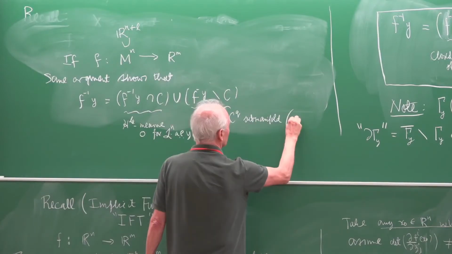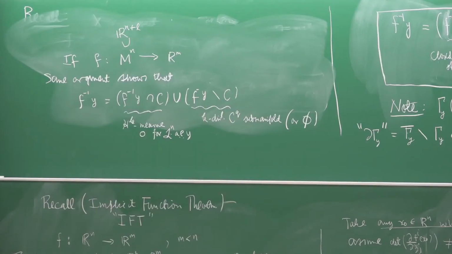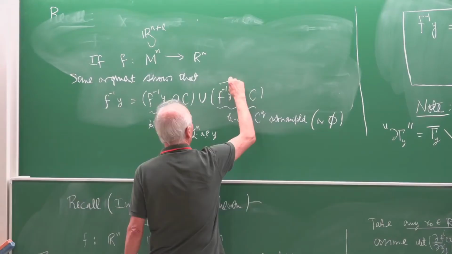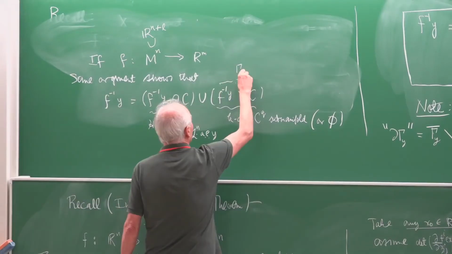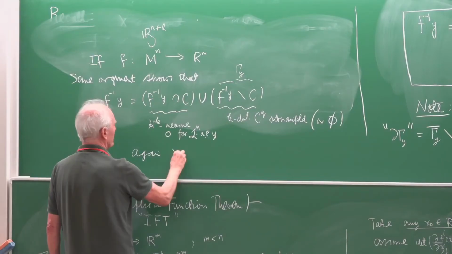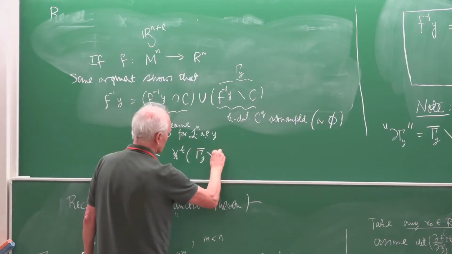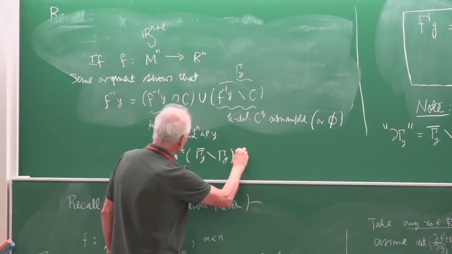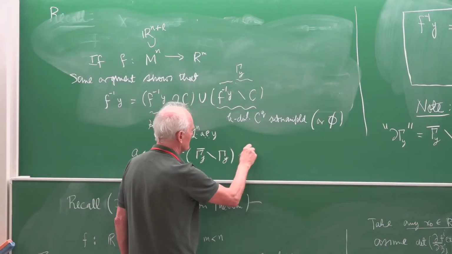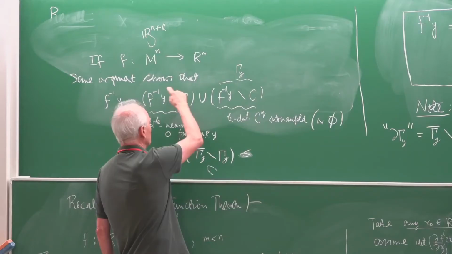And if we let this be gamma y in the case when it's non-empty, H^k of gamma y bar minus gamma y is equal to 0, because it's contained in this bit, which has measure 0.